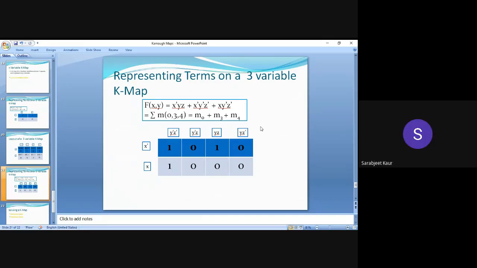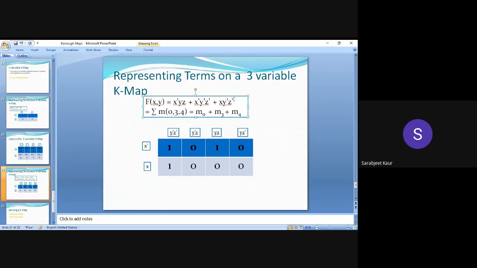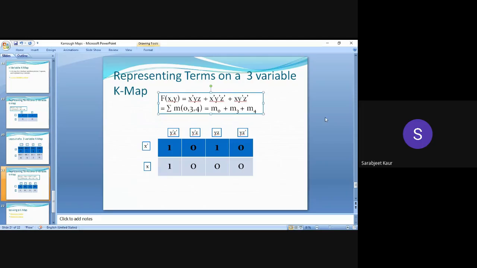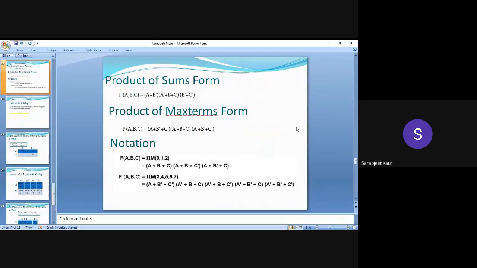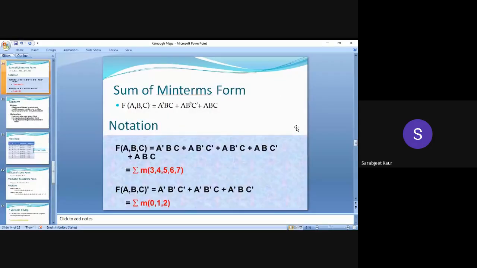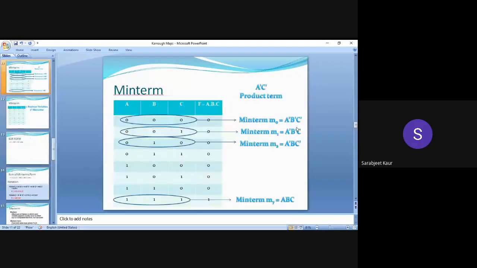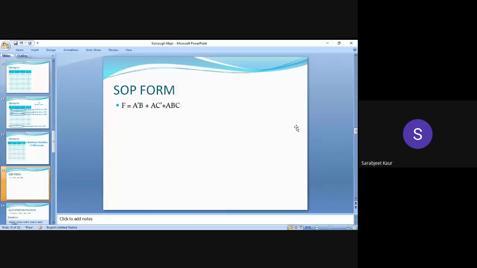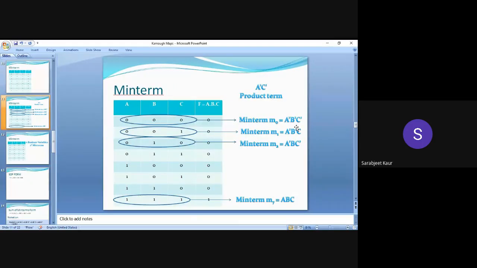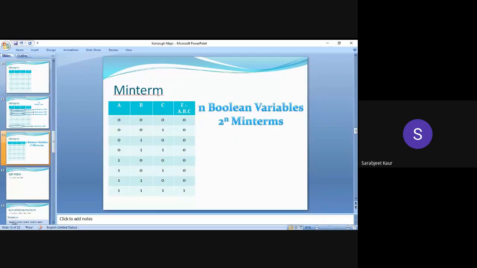So what are you expected to do today? What is your task? You are requested to please go over the canonical forms and the standard forms. And remember, I am again saying, I want you to remember all these combinations and their decimal equivalents.